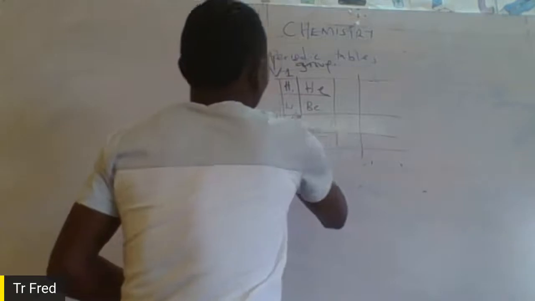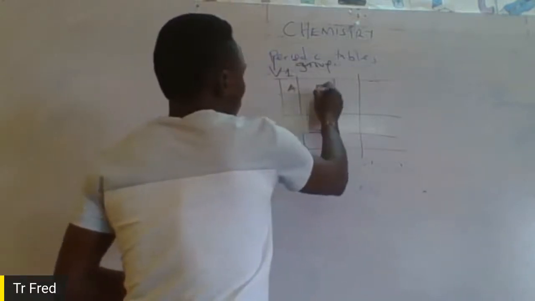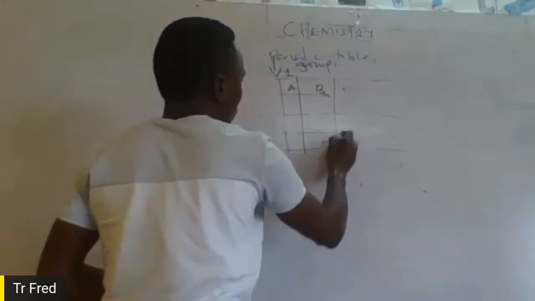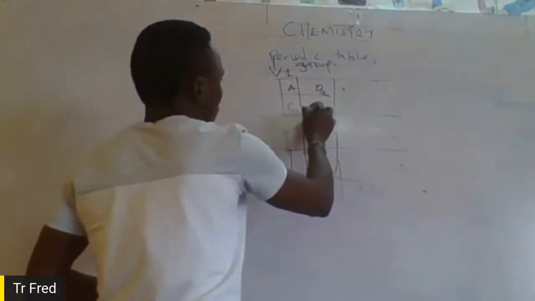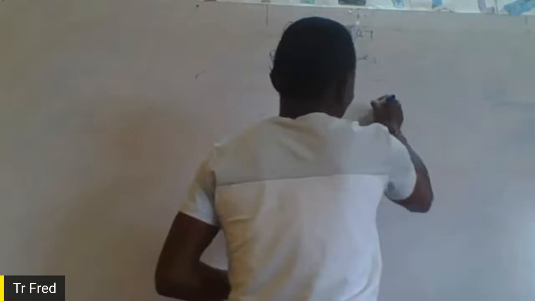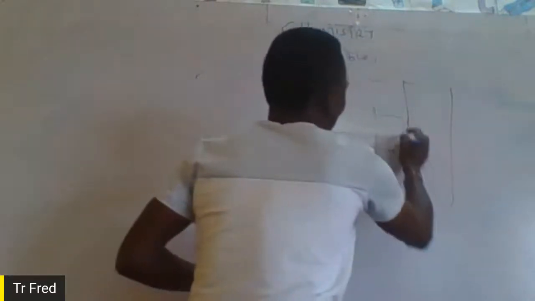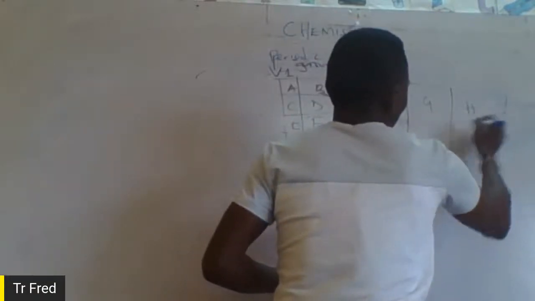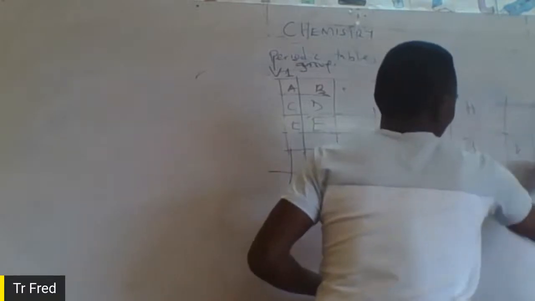Now, suppose here we have given letters like A, B, C, and D, E and F. Then here we have the transition metal elements. Then from there, you have G, H, I, J, K, L, and so on and so forth.